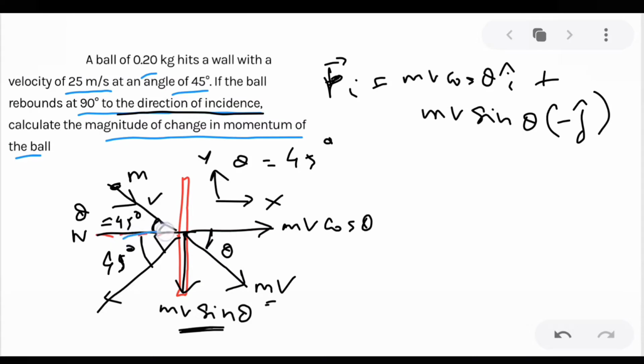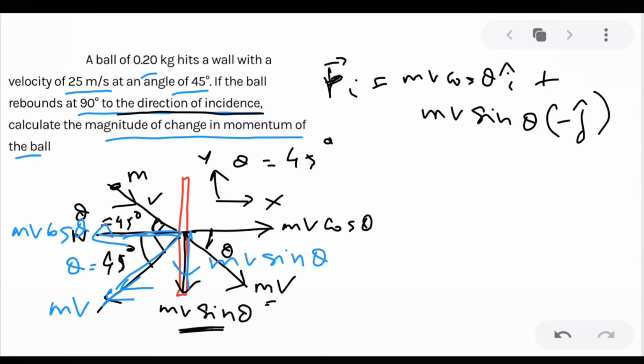Now what about the final momentum? Final momentum means after rebounding. It is going in this direction, so this is mv, this is theta, so the component in this direction will be mv cos theta, and the component in the downward direction will be mv sin theta.